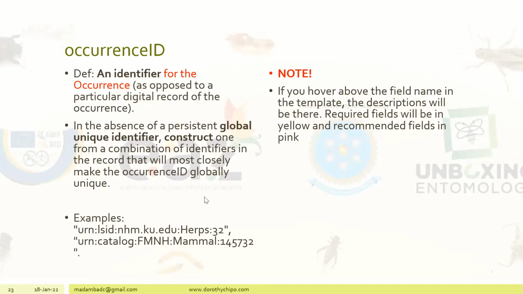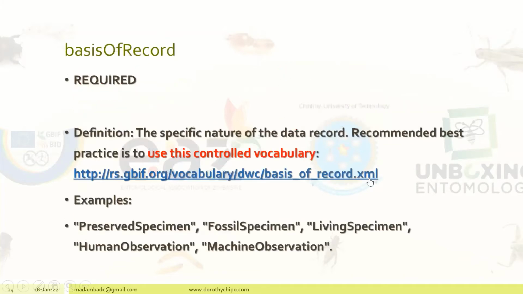So some examples are given down there. And then again, just to reiterate, with every template, if you hover above the field name, it gives you the description of what's supposed to go in there. And the templates themselves, on the links that I provided, there's a field in template for you to refer to as well.